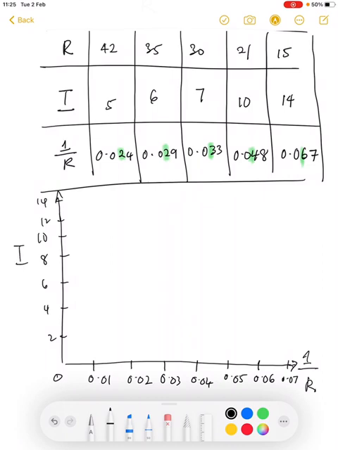So here is the current. So when I is 5, the 1 over R is 0.024.